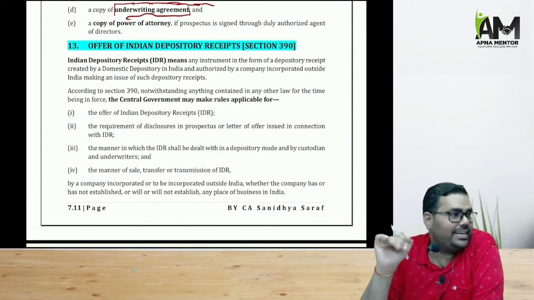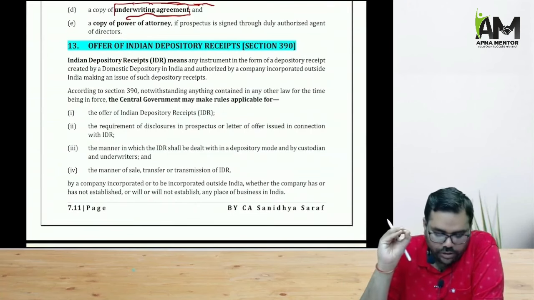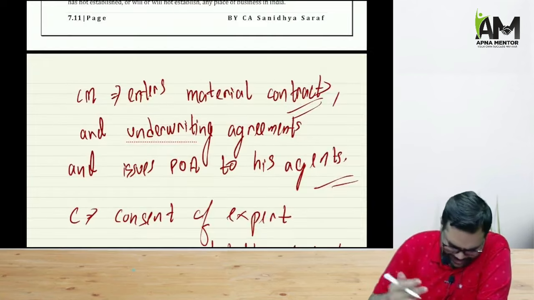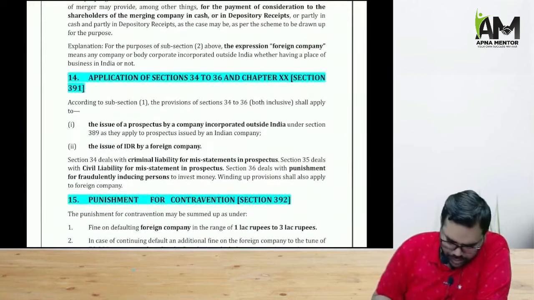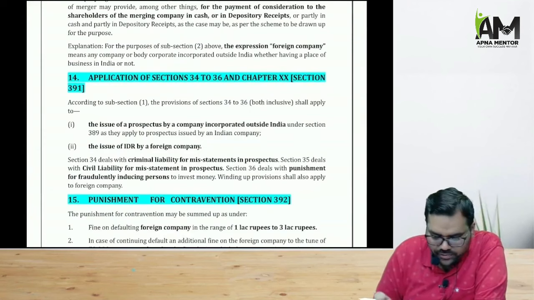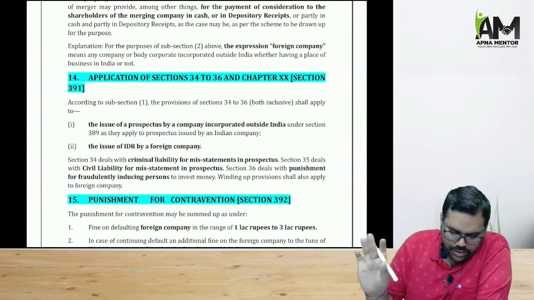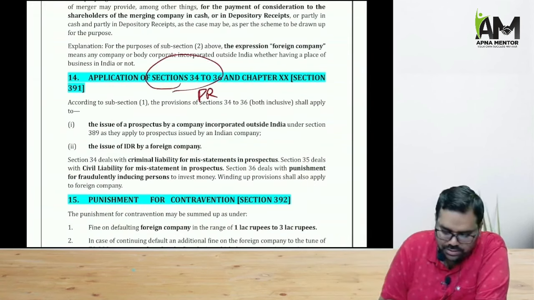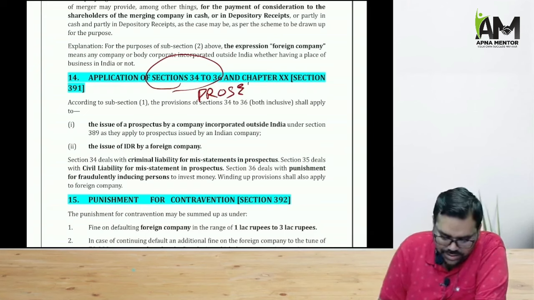Section 390, offer of Indian depository receipts, offer of IDR. This will be done at the last. Section 391 just says application of section 34 to 36 and chapter 10 to chapter 20. So basically sections 34 to 36 we are going to study in prospectus.